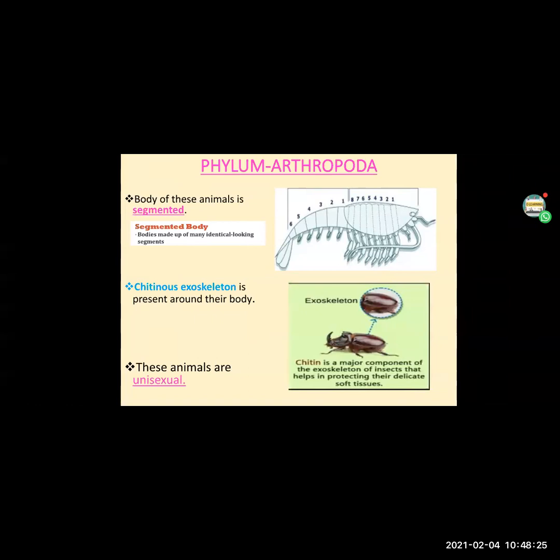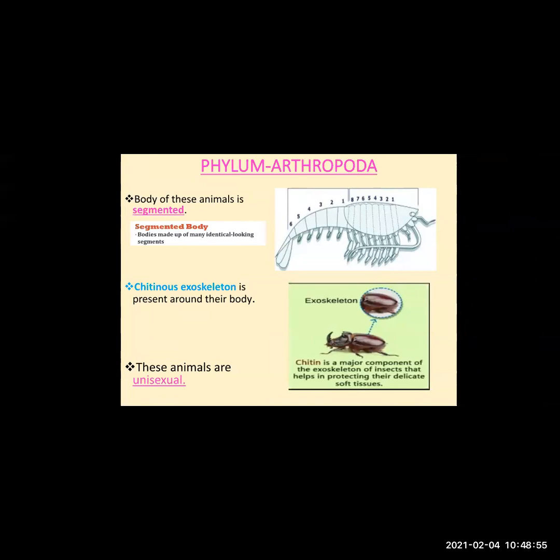The organism's looks change right from its larval stage to adult state. For example, a butterfly: from the egg the larva comes, then from the larva develops the caterpillar, then the caterpillar develops the cocoon, the pupa stage is there, and then finally you get the beautiful butterfly. That phenomenon is called metamorphosis. Even that is seen in phylum Arthropoda.